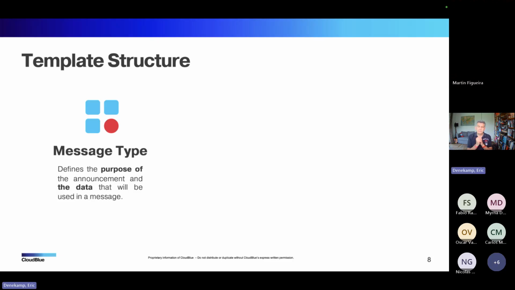There is a type of message. The type of message is, of course, depending on when you would want to use it. What do I mean with that? I mean, if something is about an order, you don't want to see the list of, let's say, 80 other templates that have nothing to do with orders in the system.